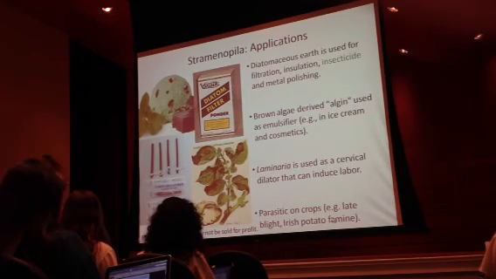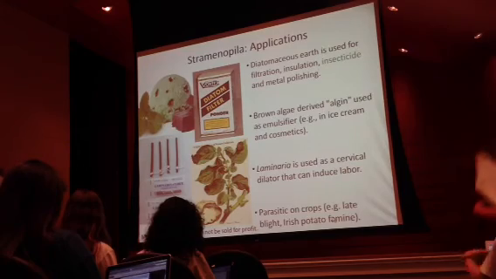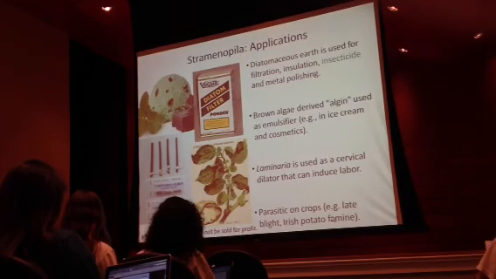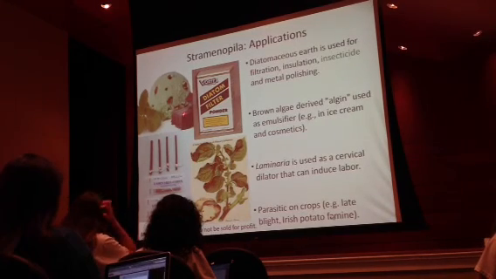So it causes the cervix to dilate as the laminaria is expanding, and that in and of itself is a non-hormonal way to induce labor. Okay? So here are your little laminaria sticks to induce labor.